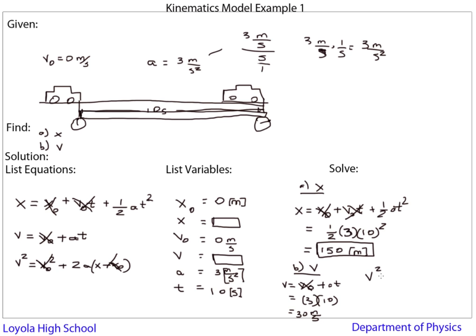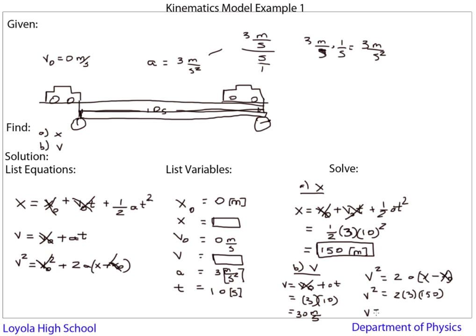V squared is equal to 2a times x minus x0. That's 0. This is 2 times the acceleration rate, 3, times 150, and that's v squared.